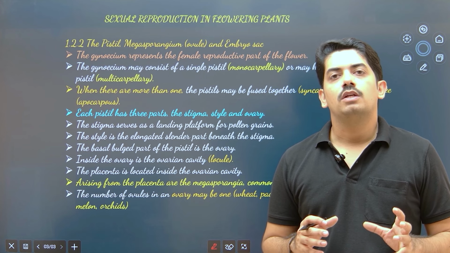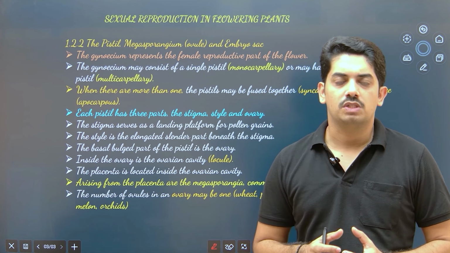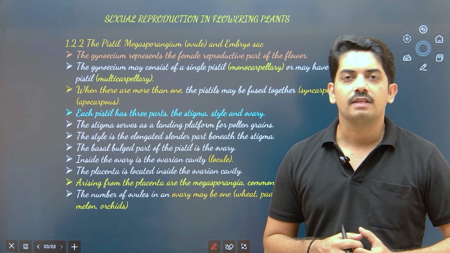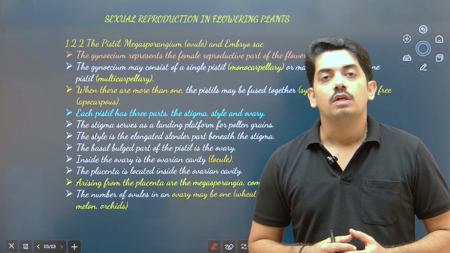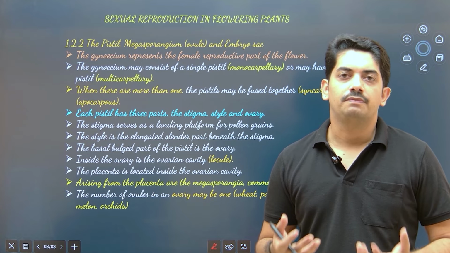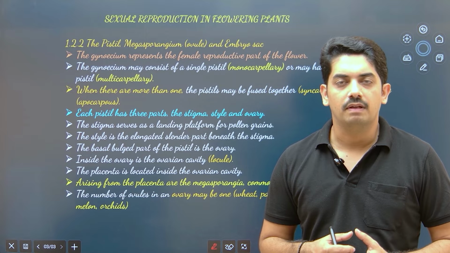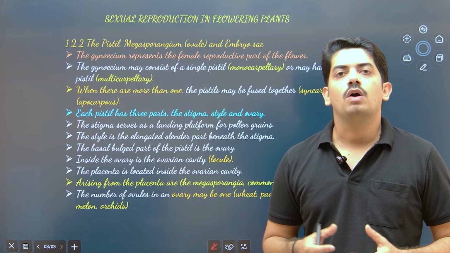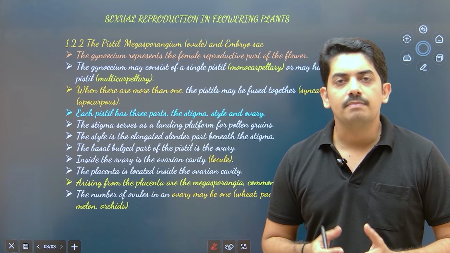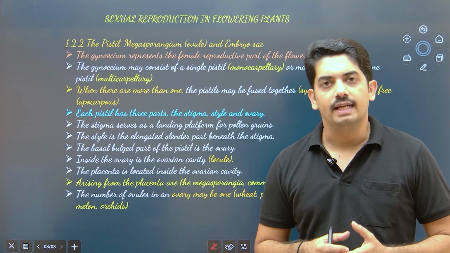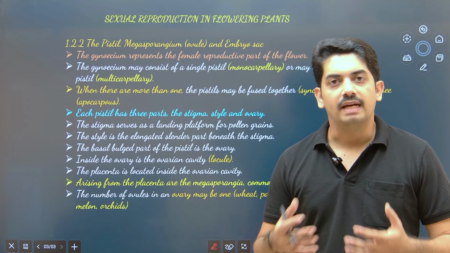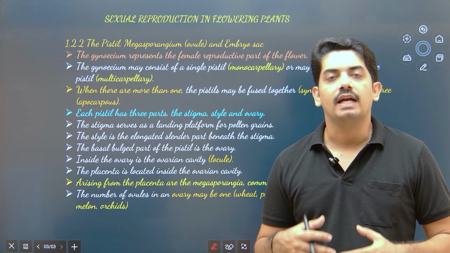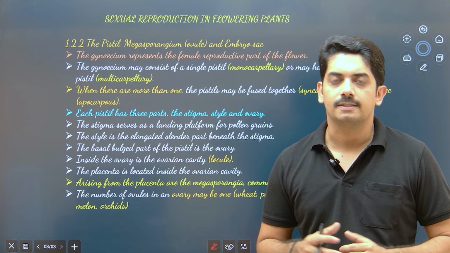In general, to represent the female reproductive structure, we use the term pistil. But whenever it comes to the number of female reproductive structures present in the flower, at that time we use the term carpel. So that is how we describe the female reproductive structure as monocarpellary, bicarpellary, tricarpellary and multicarpellary condition like this.